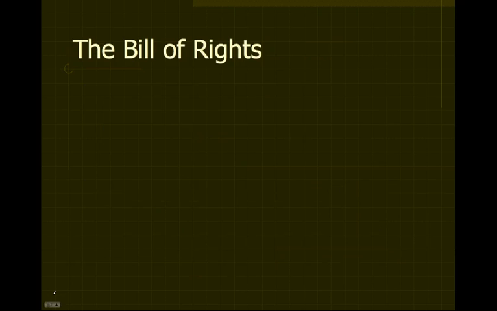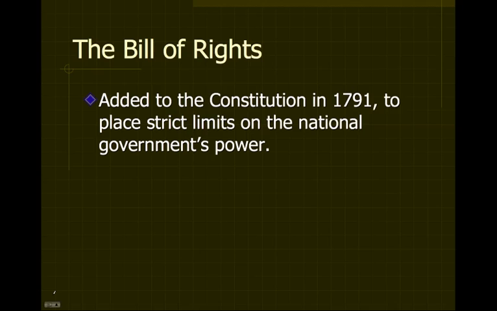And so in ratifying the Constitution, we also add the Bill of Rights. So in 1791, we officially ratified the Bill of Rights as part of the Constitution, and these were set to limit the power of the federal government.